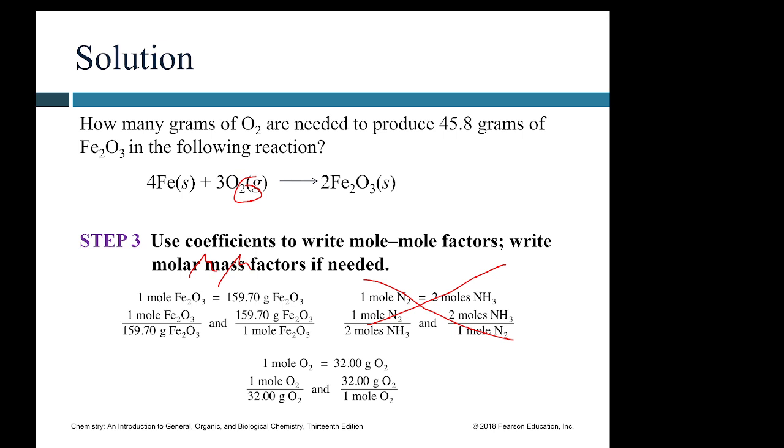Okay, so the next thing I need here is I need the mole to mole ratio. So I look on my reaction here, and I want to get out of Fe2O3, and get out the number of moles of that. And then I'm going to go into O2.